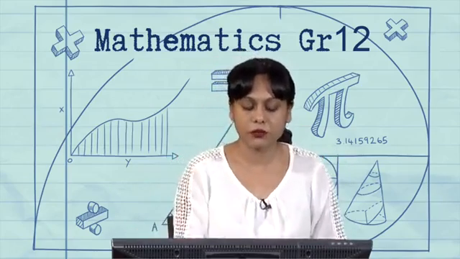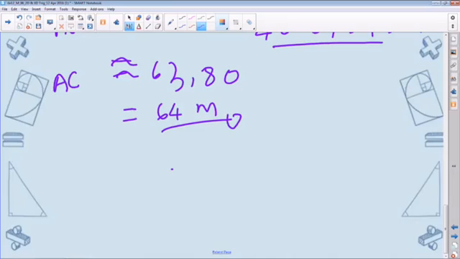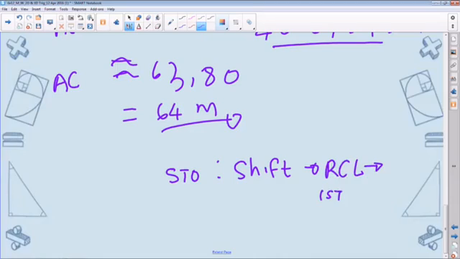All right, so this is what we do. On your calculator, to store, you hit the shift button, then you press the recall button, which actually gets you to the base of the calculator, which says store. And then you hit whichever memory or variable you want to store in.